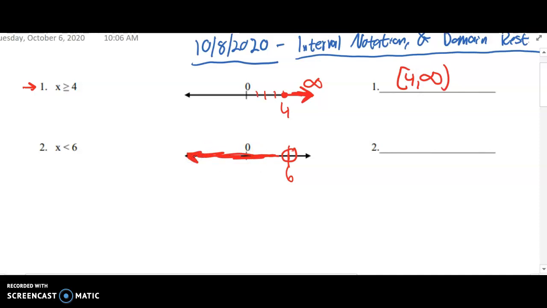Negative a billion, negative a trillion, negative infinity. And our intervals always read left to right, just like you're reading a book. So our leftmost number is negative infinity, and then we stop right at 6, and we don't include 6.